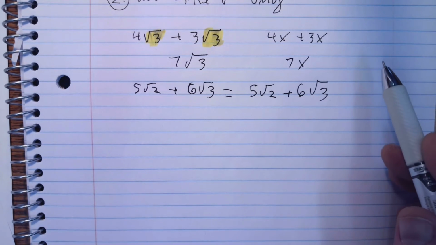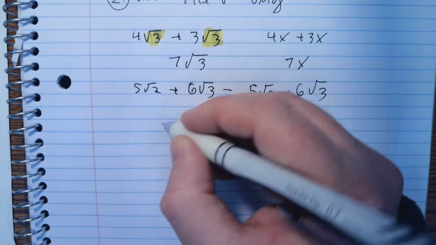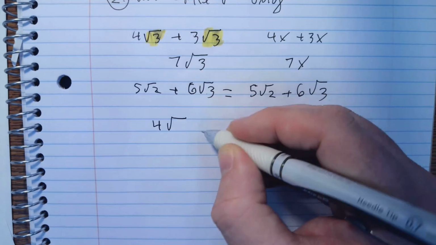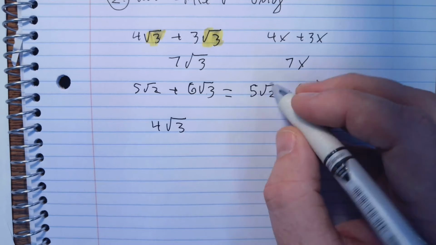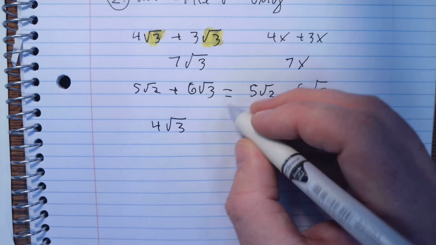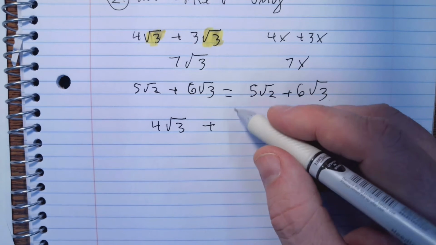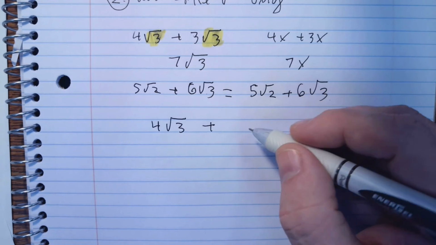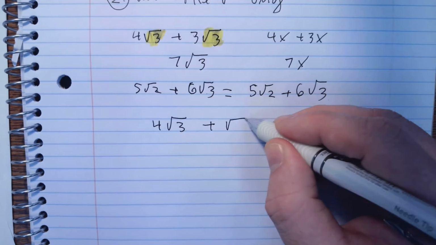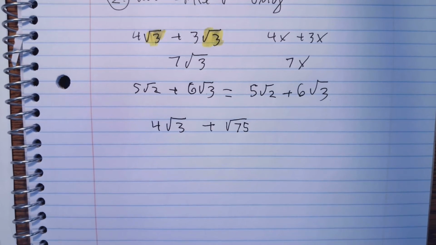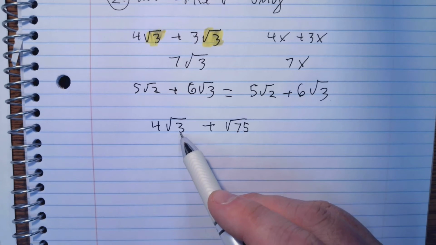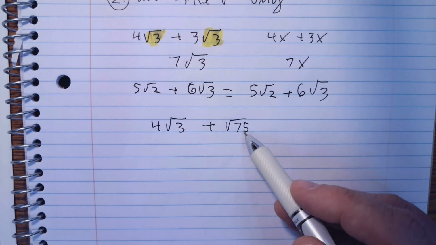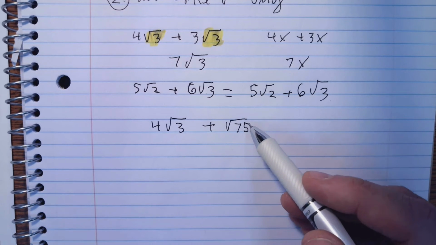Okay, let's go up to the next level of stuff and things. For radical 3 plus radical 75. I'm pretty sure that this is simplified all the way because it's just a 3. 75, I think I can simplify. So you can use your calculator on this.